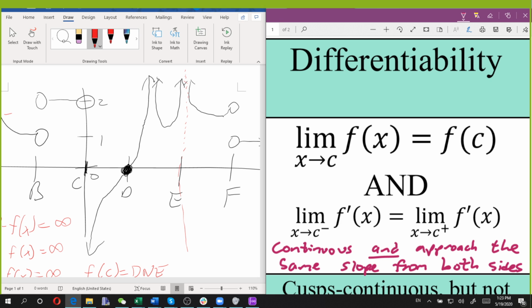The slope could be different from both sides, or it could not be continuous. Either one of those would cause us to be not differentiable. Or both.